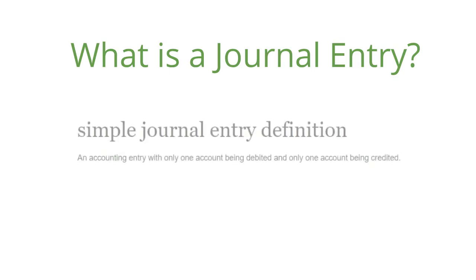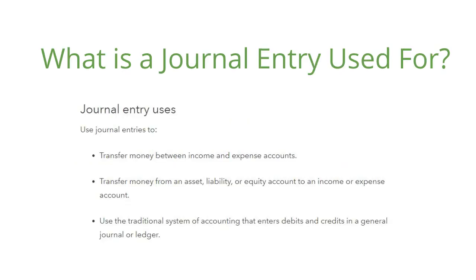So first of all, what is a journal entry? Well, simply, a journal entry is an accounting entry that has a debit and that has a credit. And what can you use the journal entry for? Well, there's three scenarios. The first one is to transfer money between income and expense.